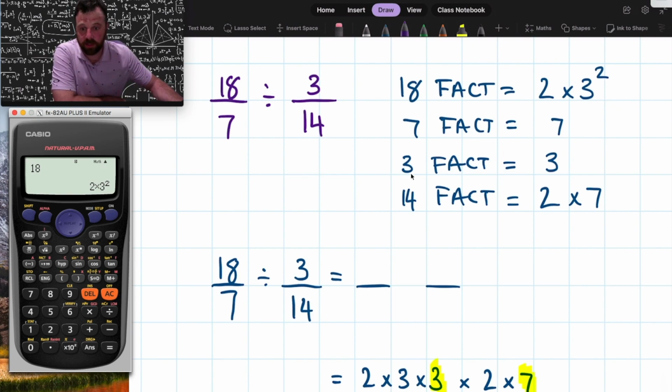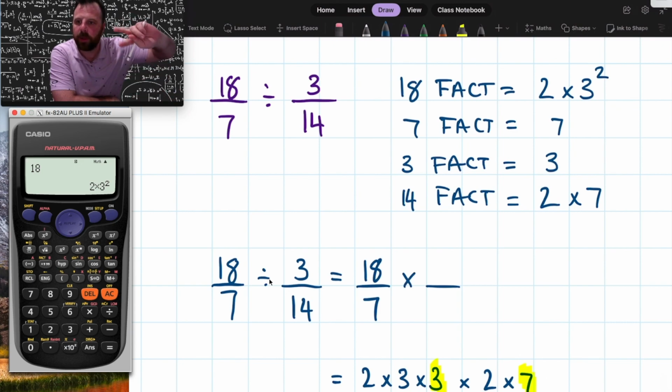Now the other thing, if you watched the video earlier, remember that divide is the second easiest thing, and we keep the first fraction. So we're going to keep 18 over 7. We're going to change our divide to times, and we're going to flip our last fraction, 14 over 3.